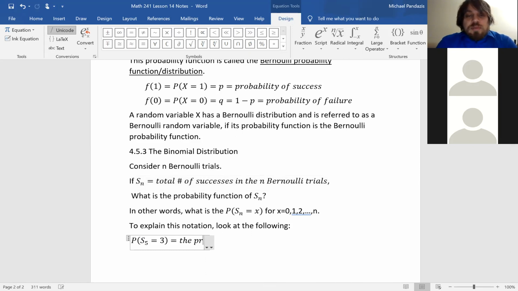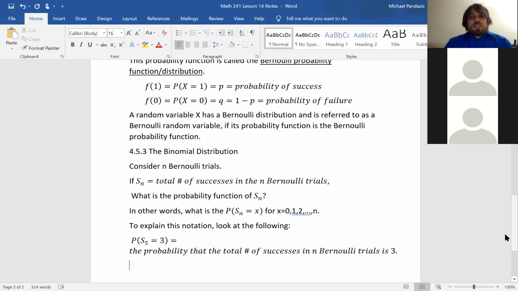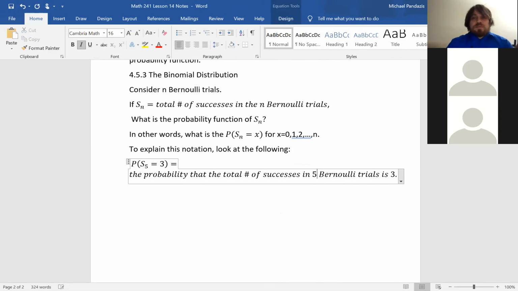And so this is equal to the probability that the total number of successes in 5 Bernoulli trials is 3. I could have written that a little shorter, but I wanted the words to match the notation a bit more.